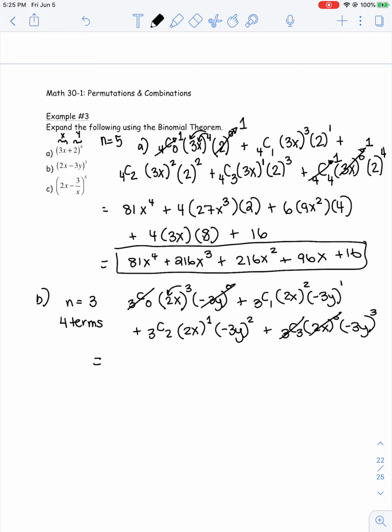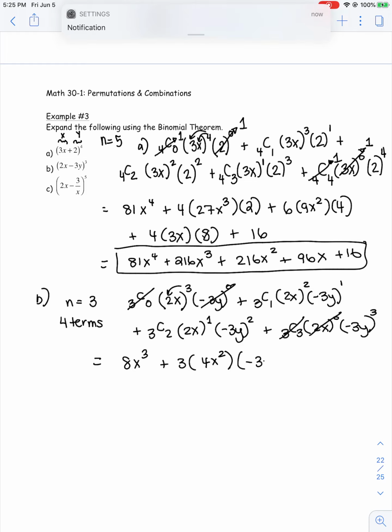So 2 to the power of 3 is going to be 8, and then we have x cubed. So that's our first term. Our second term will be 3 choose 1 will be 3 times 2 to the power of 2 is 4, and x to the power of 2 is x squared. And then we still have negative 3y.